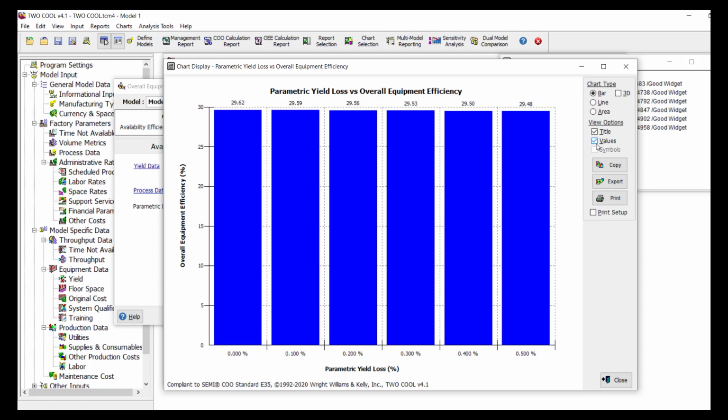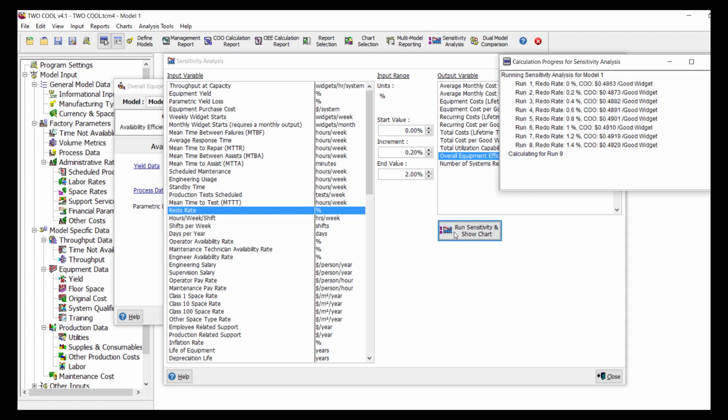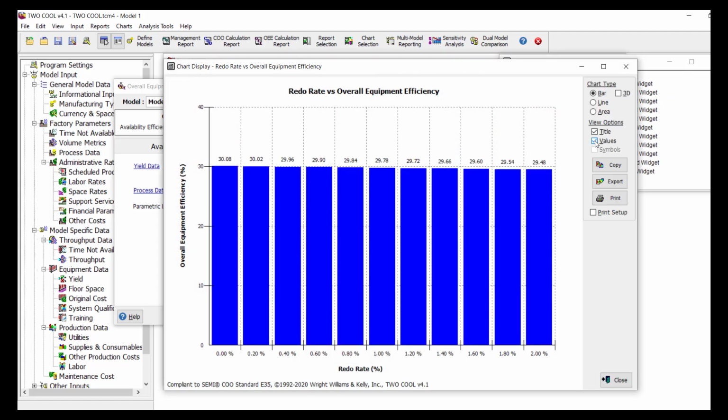Lastly, let's look at redo rate. Again, there isn't much improvement.